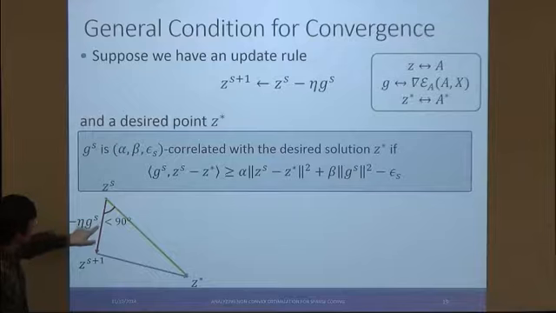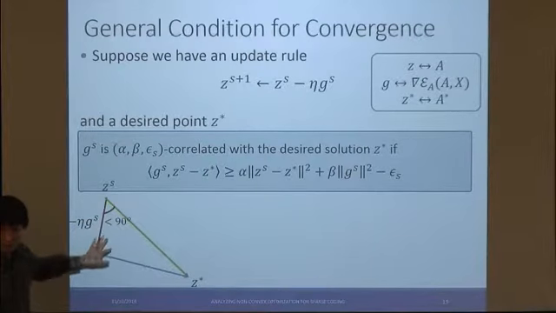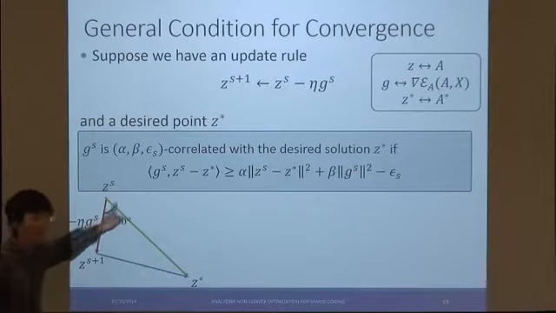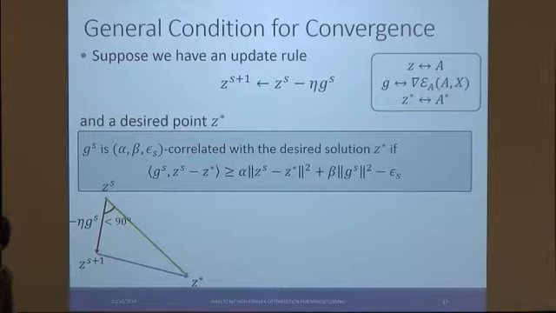Not exactly, but I think you get the main point. If my direction is close to the true gradient, then certainly the angle is less than 90 degrees. But the reverse is not necessarily true. So you can tolerate some noise, but not too much.